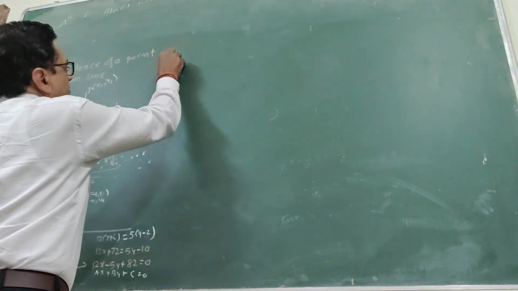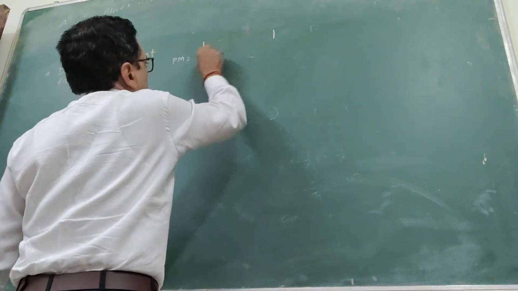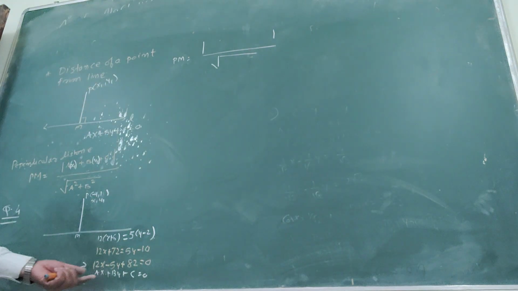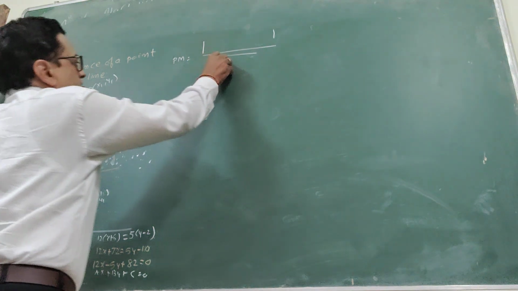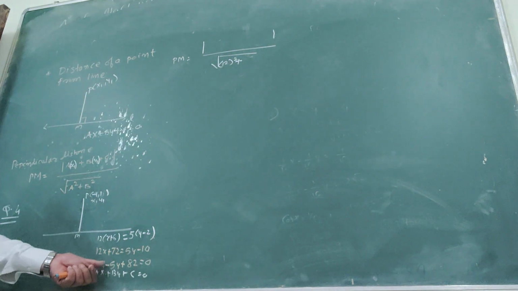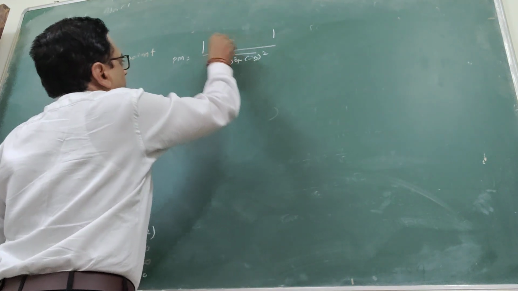So the perpendicular distance PM is equal to the modulus upon the square root of a square plus b square. What is a and what is b? a is the coefficient of x, 12, so 12 square. b is the coefficient of y, minus 5, so minus 5 square, that is 25.